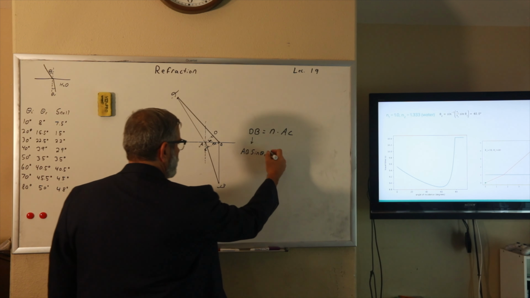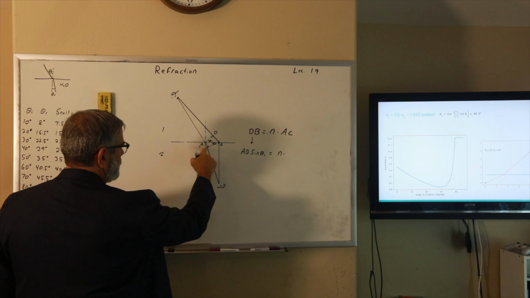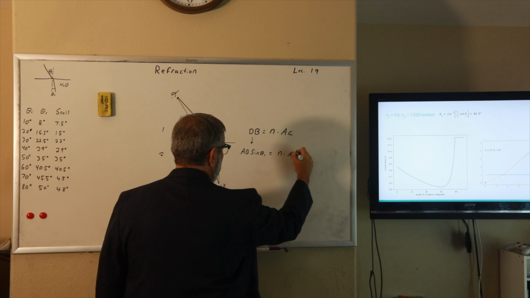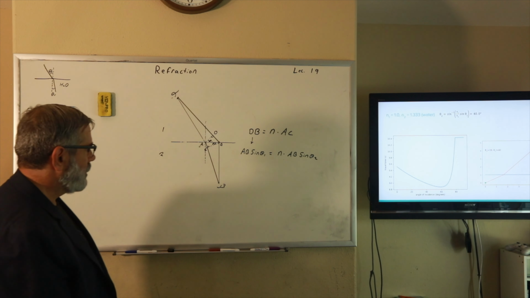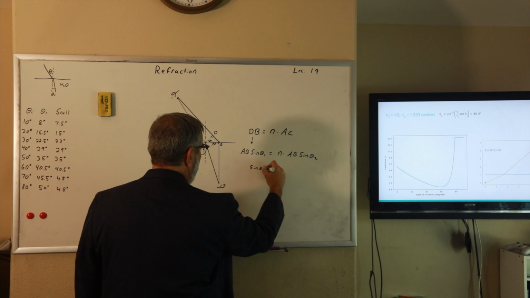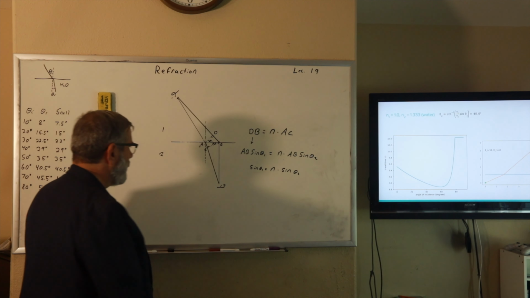This should be equal to n times AC, which is this leg here. That's the opposite to theta 2. So I can take AB again times the sine of theta 2. Divide both sides by the common hypotenuse, and I get that the sine of theta 1 is equal to n times the sine of theta 2.